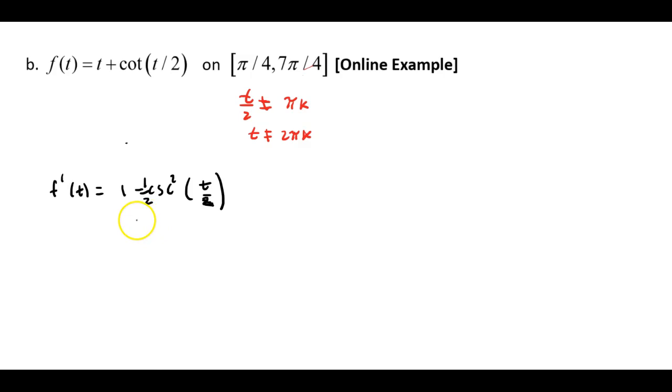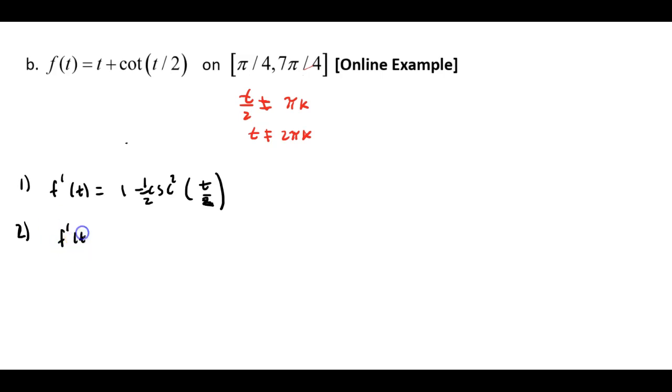Alright, so the next thing is we want to know when the derivative is 0 or undefined. We want the critical numbers of the function. We find the critical numbers by looking at when the derivative is 0 and when the derivative is undefined.